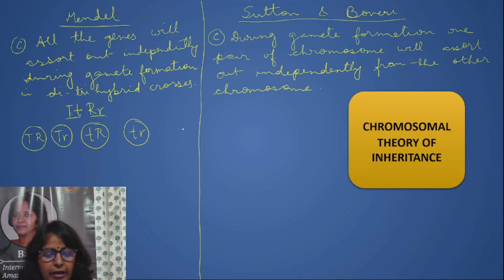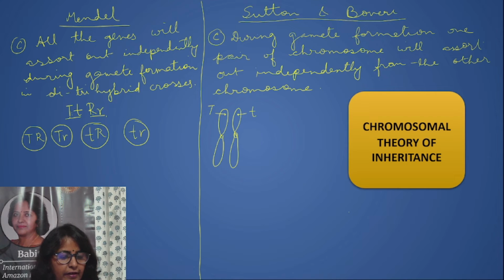Suppose we have a chromosome and capital T is located over here, small t on the other chromosome. Let me change the color. Let me draw another chromosome. If this is another chromosome and we have capital R and small r on these chromosomes.